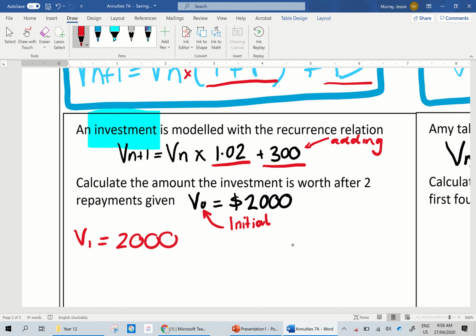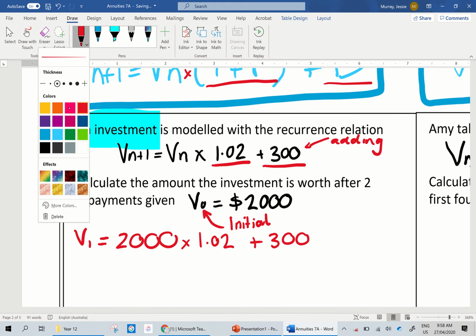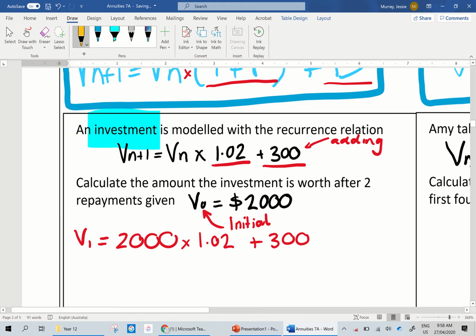It's going to then be charged interest, and then you add on the $300. Now let's think about, all I have done here is V0. When I find V1, all that is V0 plus 1, which gives me V1. So V1 equals my V0 amount, which is what this says here.